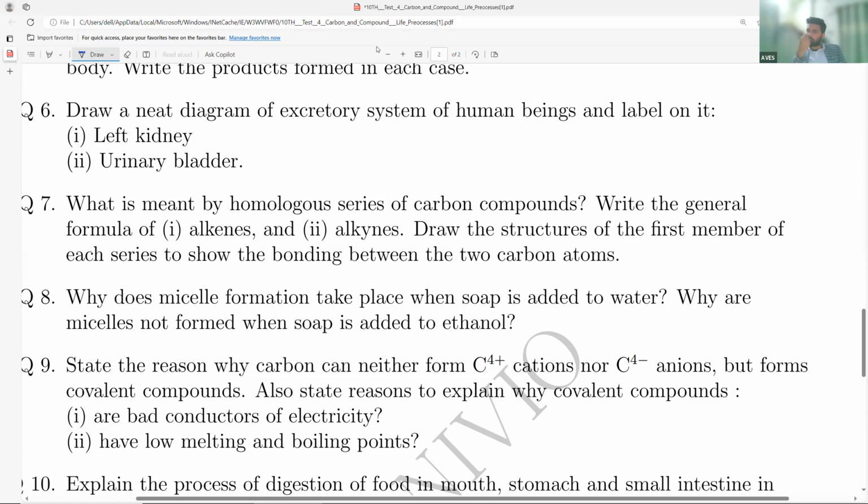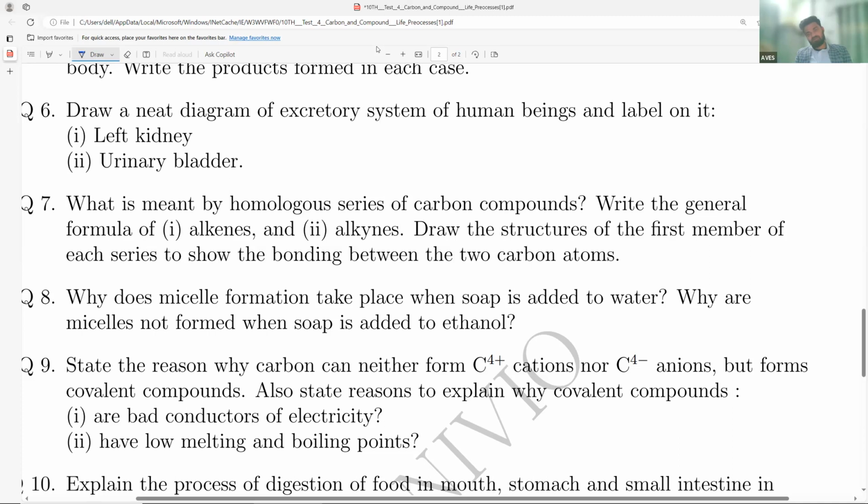When soap is added to water, the hydrophobic end gets attached to the dirt, and the hydrophilic end gets attached to the water. So that's why soaps get dissolved in water.